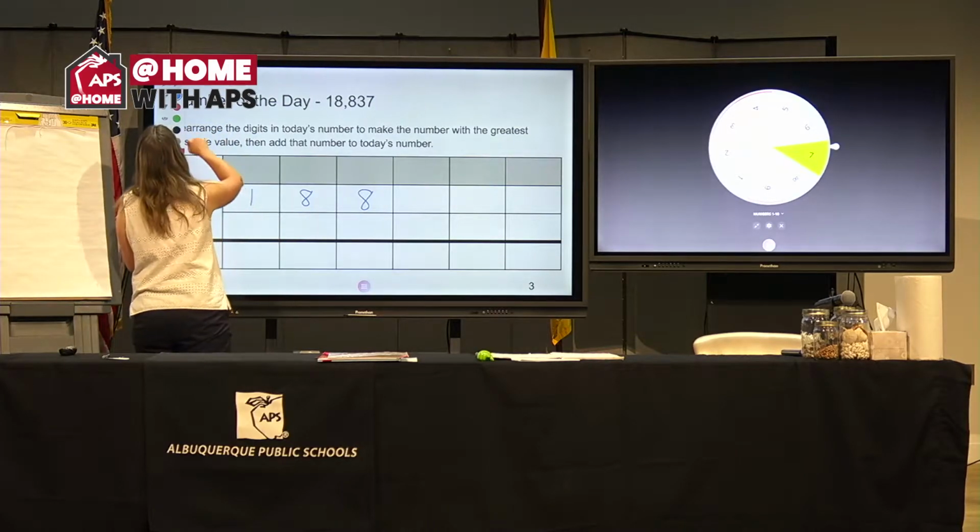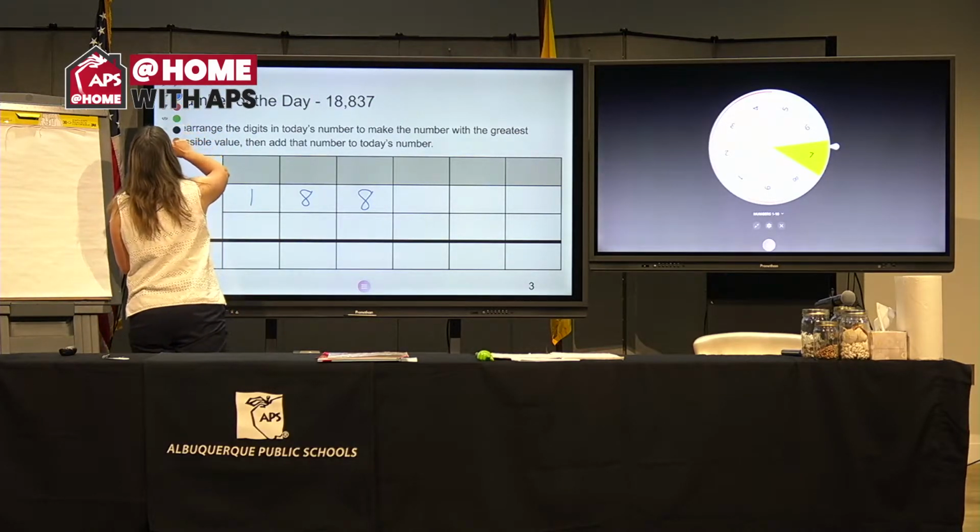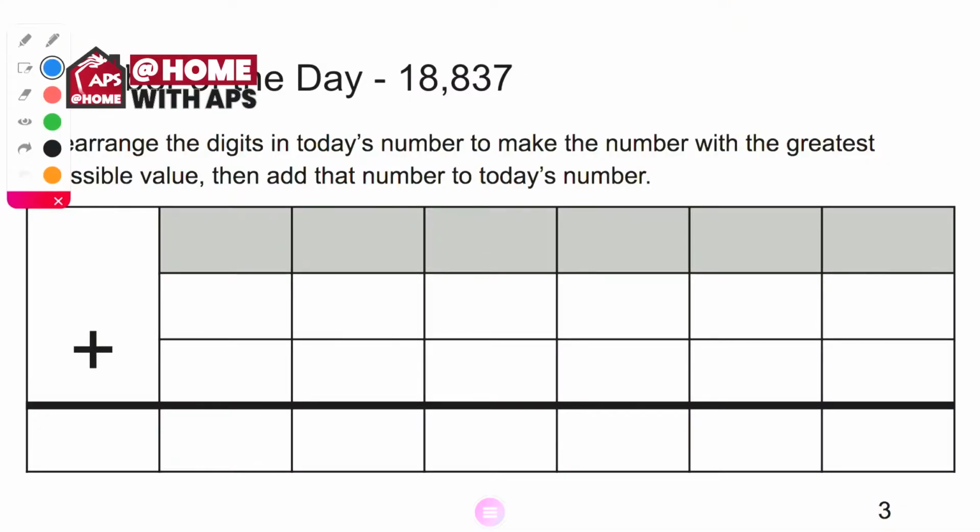Yeah, I didn't even look there. Let me erase that. Let me undo. So we have 18,000. Are you saying it with me and writing it down? I hope so. 18,837.